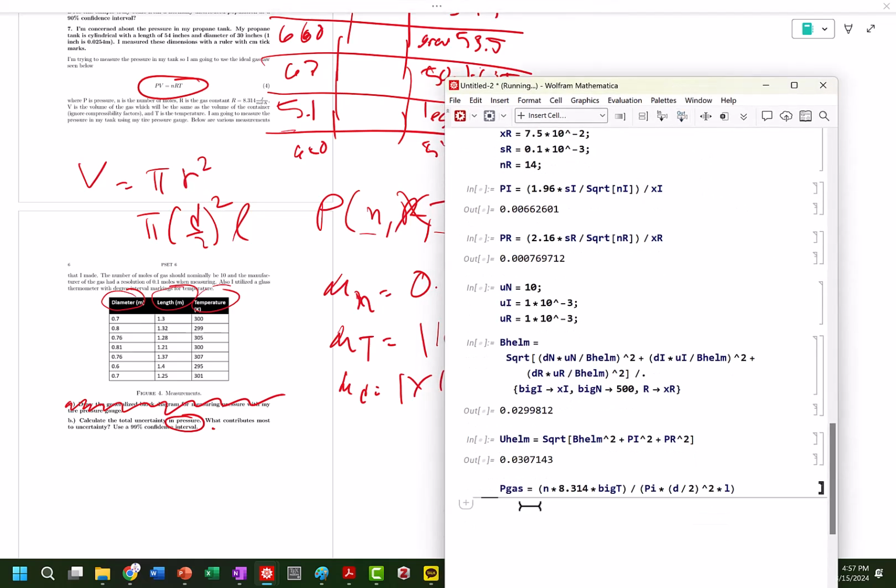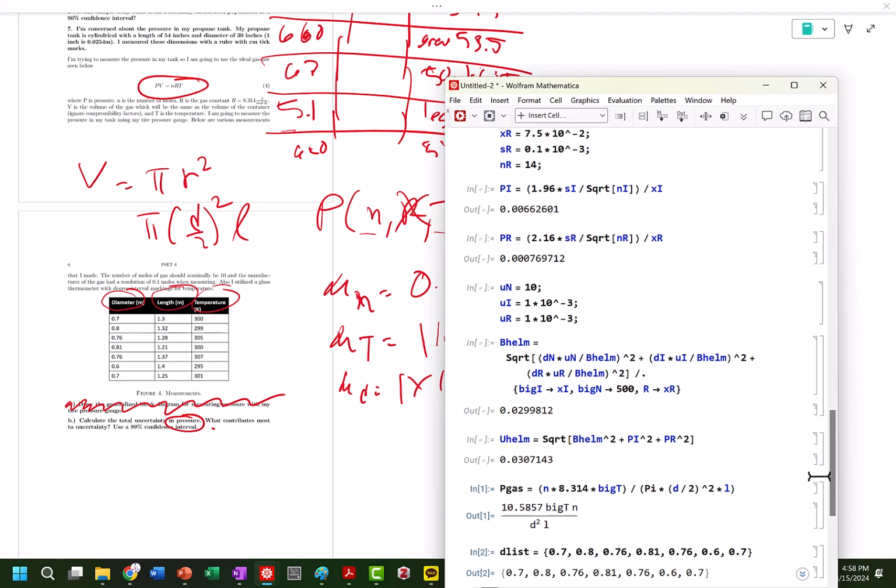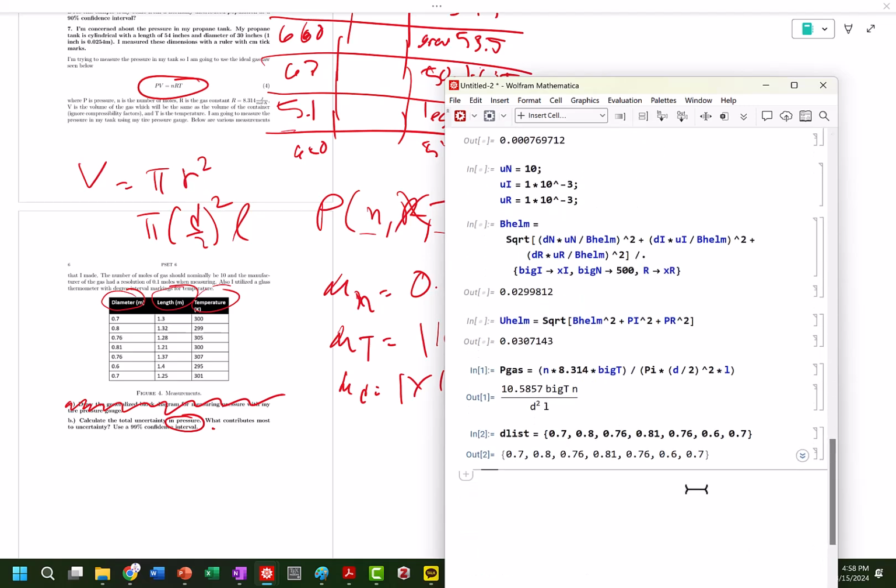I'm going to make a D list, which is going to be 0.7, 0.8, 0.76, 0.81, 0.76, 0.6, 0.7. I'm also going to make an L list: 1.3, 1.32, 1.28, 1.21, 1.37, 1.4, 1.25.